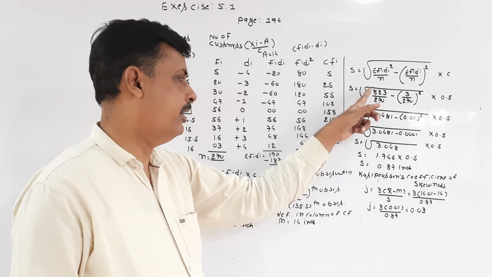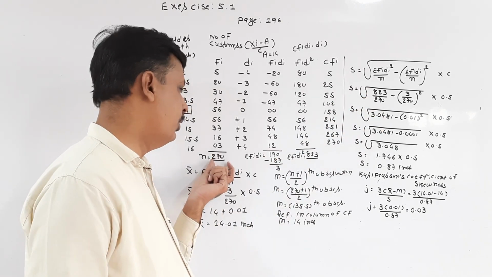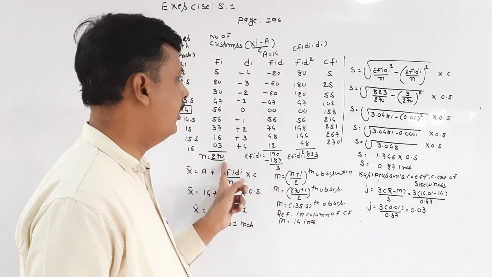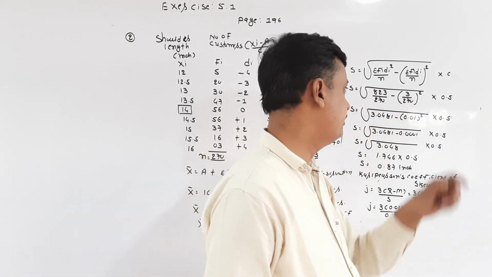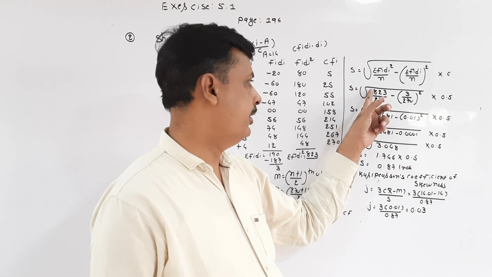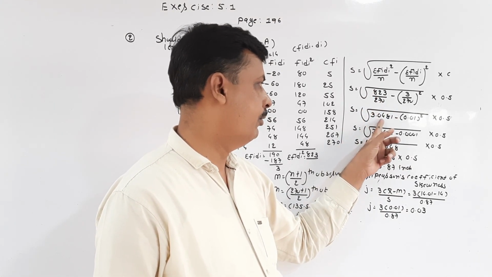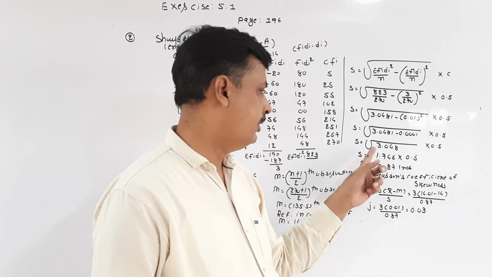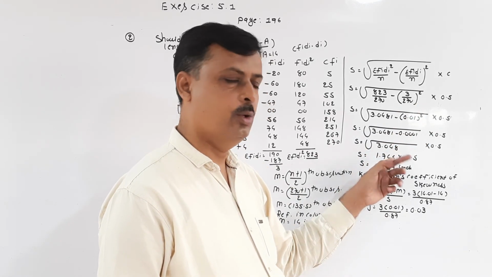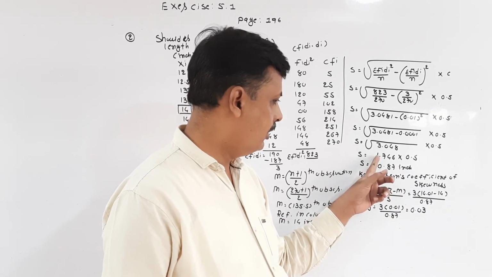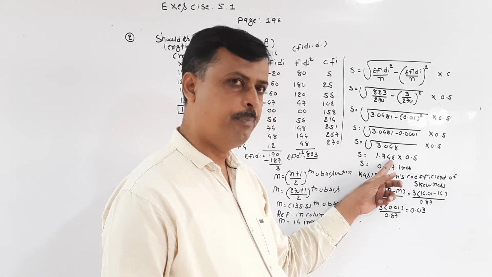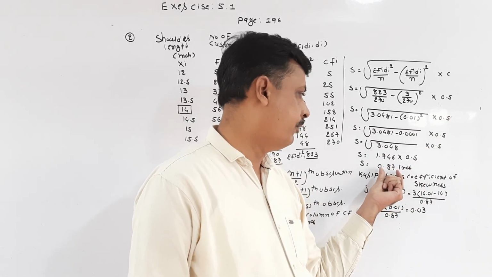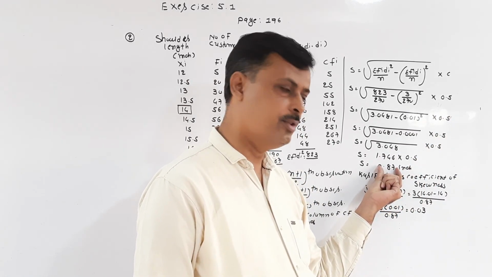Standard deviation is equal to under root sigma FiDi square upon N minus sigma FiDi upon N whole square, into C. Sigma FiDi square is 823, N is equal to 270, sigma FiDi is 3 upon 270 whole square. 823 upon 270 is 3.0481, minus 0.01 square, so 3.048. Taking its root gives 1.746, into 0.5, so the final answer is 0.87 inch.